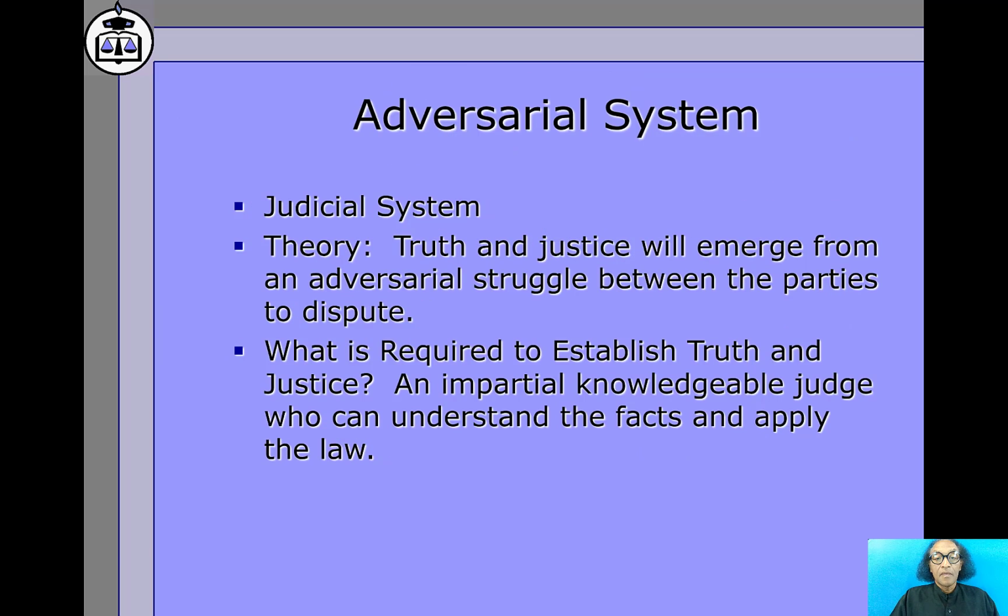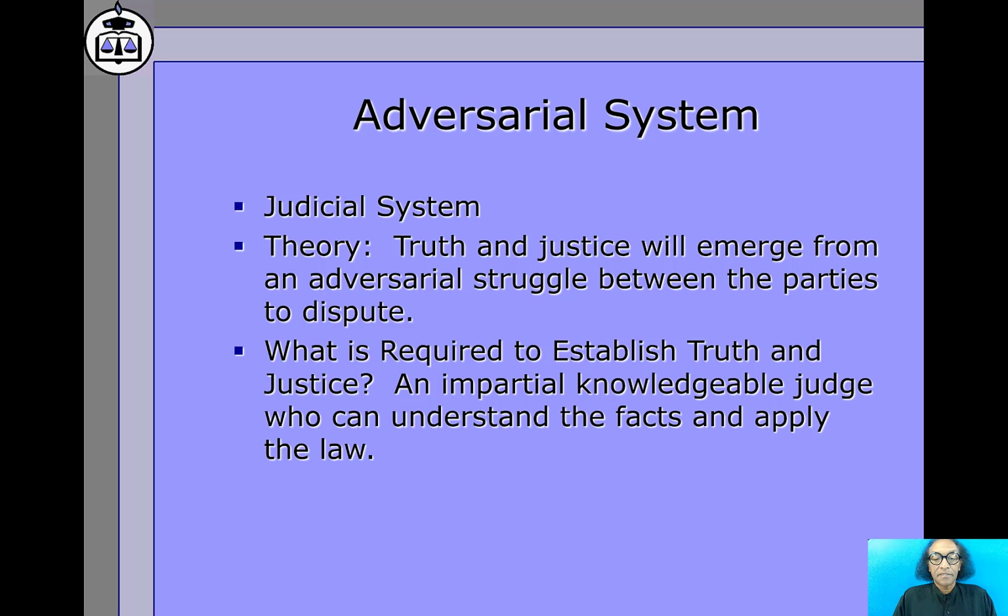Now, the United States is very unique in the sense that we have what's called an adversarial system. The adversarial system basically relies on the 2 sides bringing the case before the court. The idea is that when you have 2 sides contesting before an impartial tribunal, an impartial judge or jury, then the truth will emerge in the struggle between the 2 parties who try to bring out as much evidence, as much truth, so to speak, to convince the fact finder that their side is the truth.